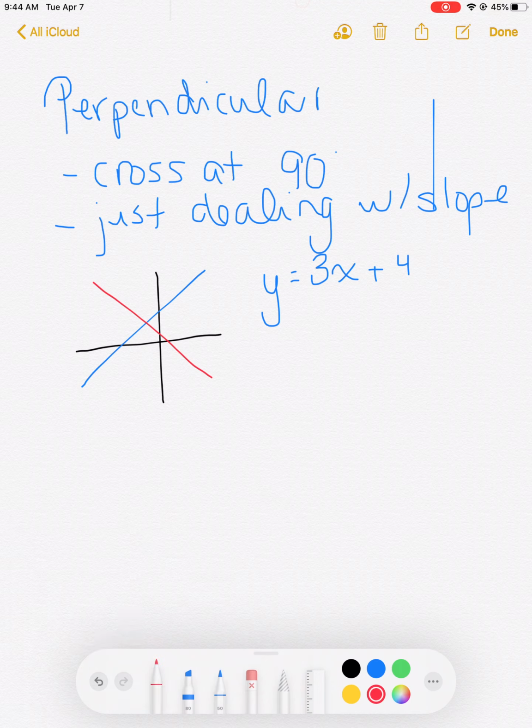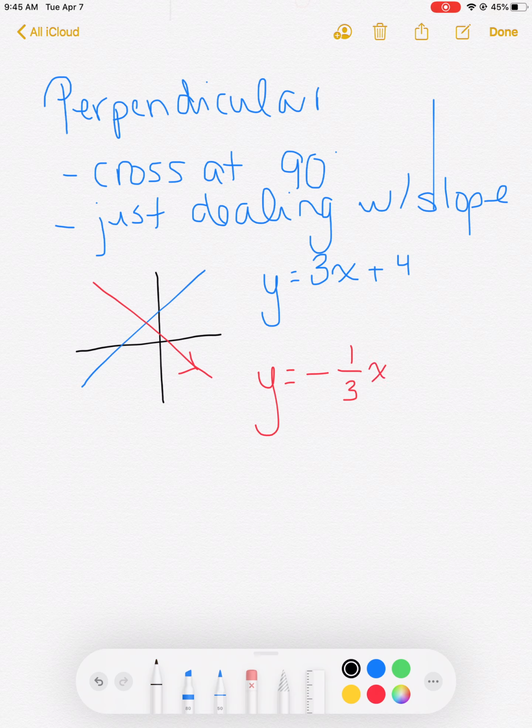My red line, its slope's going to be, now as you can see, the red line is going down. So what does that tell me about the slope? Yes, you're right, it's negative. Now I'm going to show you something else. Not only is it negative, it's going to be 1 over 3x because it's a slope.